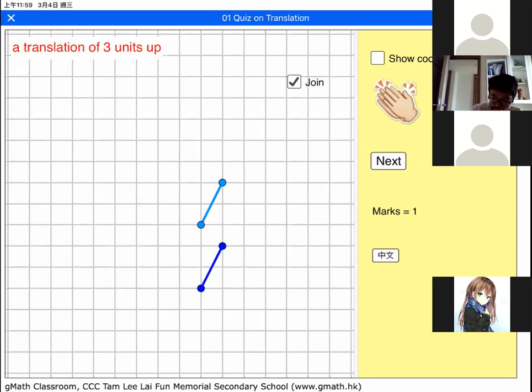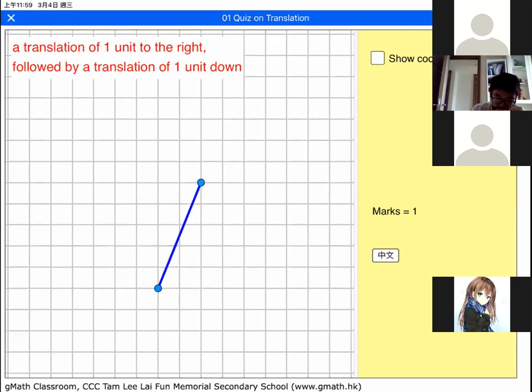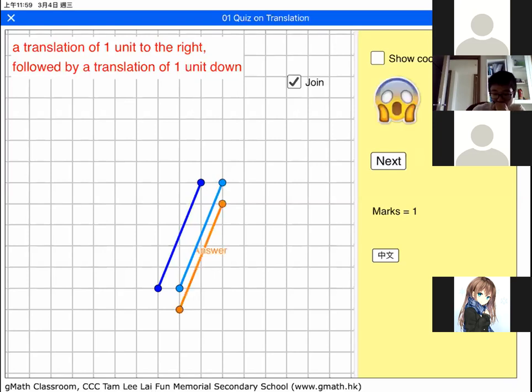Let's try one more example. A translation of 1 unit to the right. I drag the point 1 unit to the right, and then the top point 1 unit to the right. I join it, and I can get a new line. This is correct. Oh, I didn't see the questions clearly, because it is followed by a translation of 1 unit down. It means that you have to go down here.